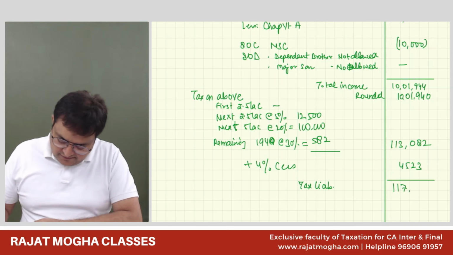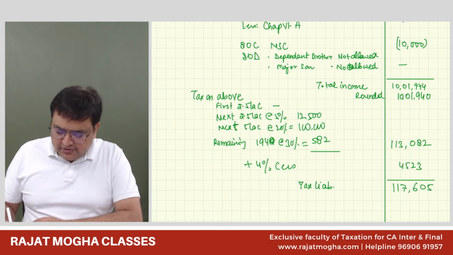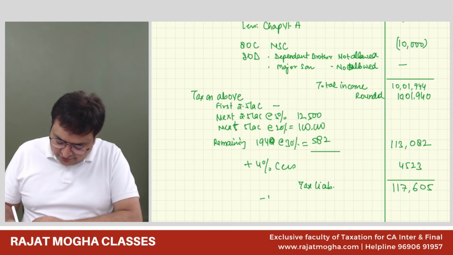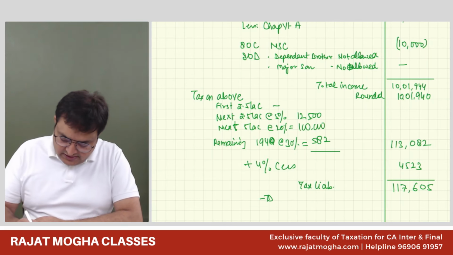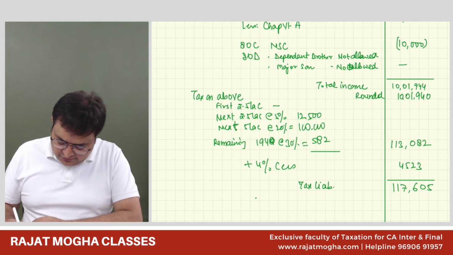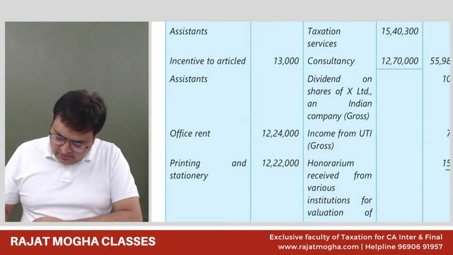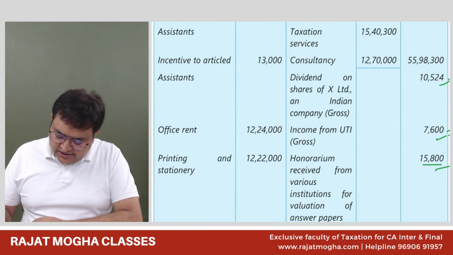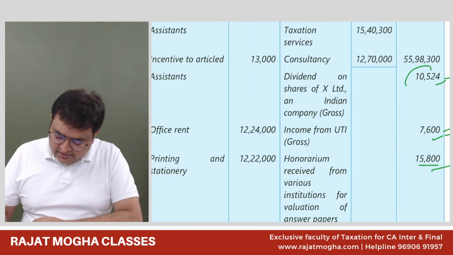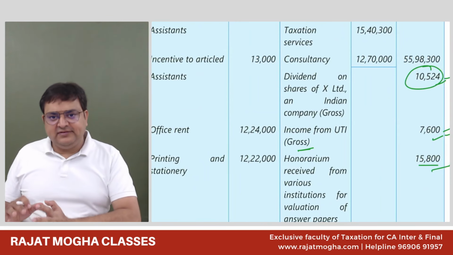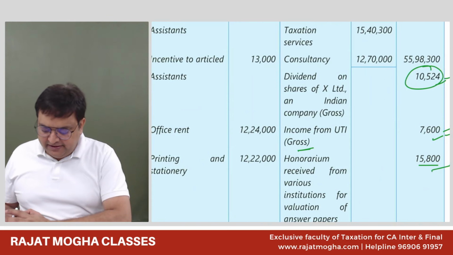1,17,605. Don't round it off right now. First, deduct the TDS also. There was some TDS deducted here on dividend. They have mentioned the gross amount, but we understand that TDS is applicable on it.